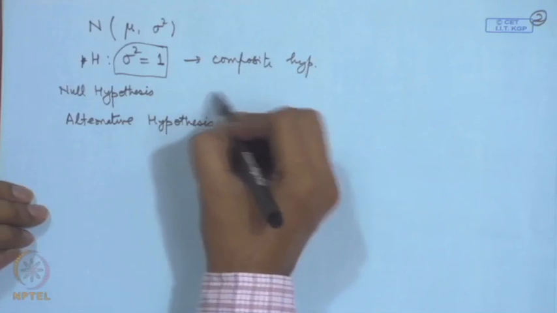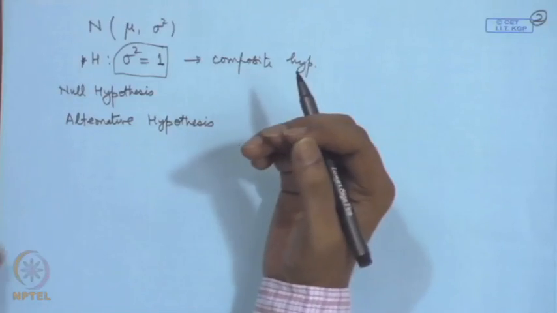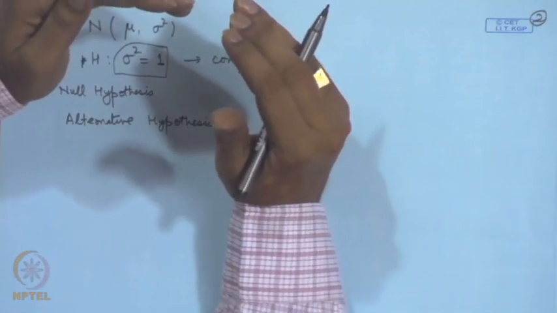So, we may have something like we are measuring a certain thing. Now, that measuring device may introduce errors in the measurement and then we want to check whether the average errors are eliminated or not.